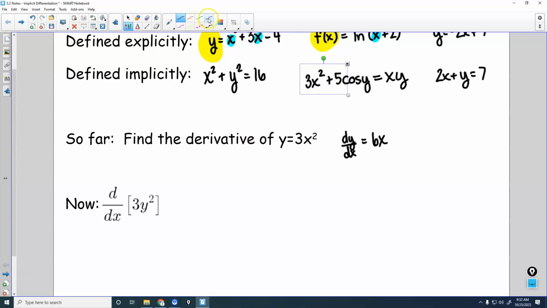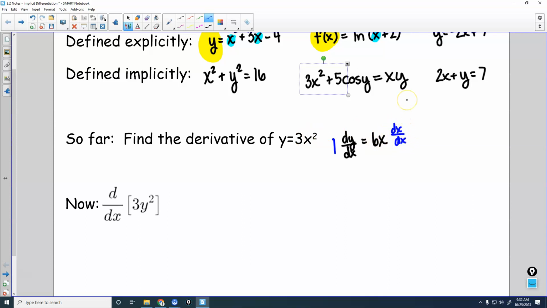So what I'm really doing here is the derivative of y is 1, but because I took the derivative with respect to x, I have to put a dy dx with it. That tells me I took the derivative of y with respect to x. Over here, I took the derivative of 3x squared, which was 6x, and I took the derivative of x with respect to x.